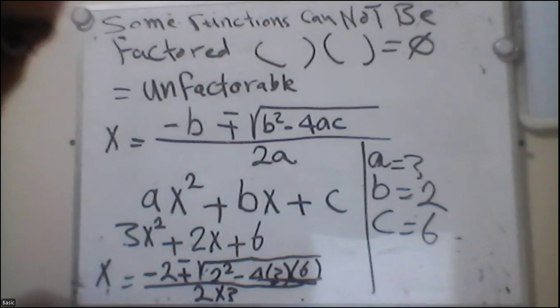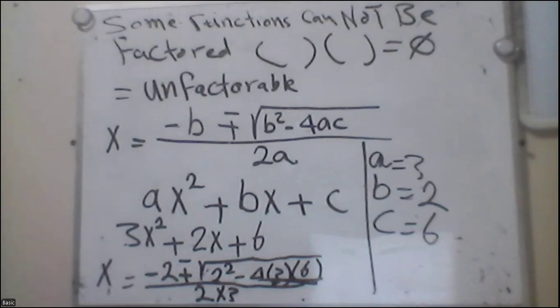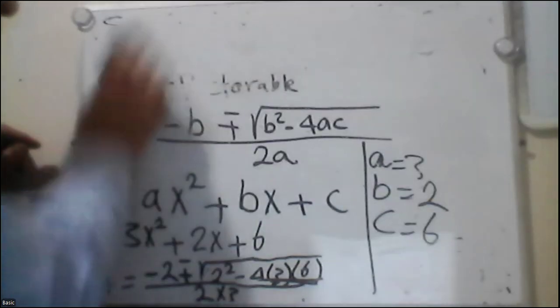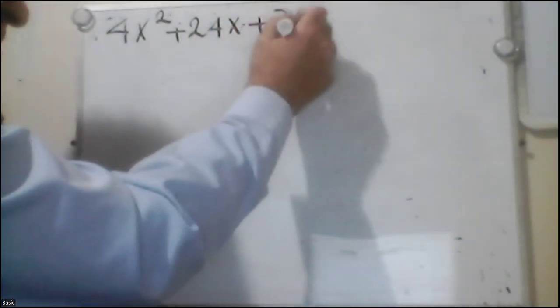If I say like this, x squared plus 24x plus 36 will equal 0.